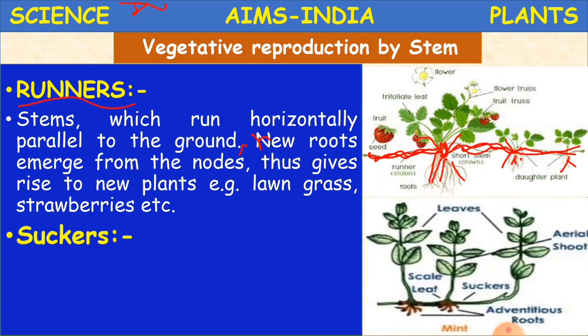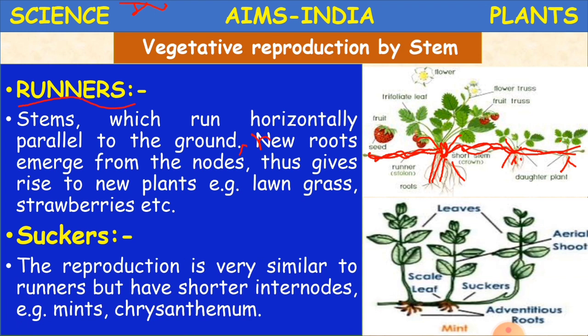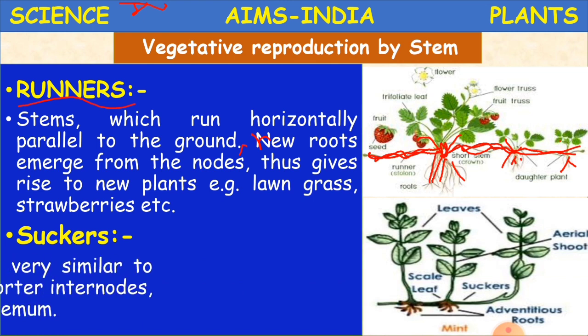Now suckers. What are suckers? The reproduction is very similar to runners but they have shorter internodes. Examples are mints, chrysanthemum, etc. What happens is that it is also the same as a runner, it also goes along the ground, but it has shorter internodes.